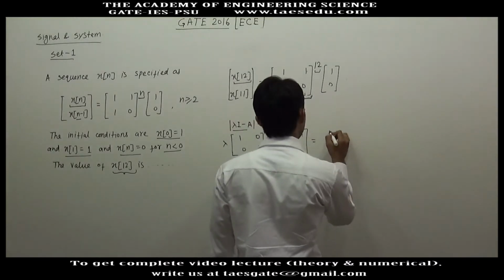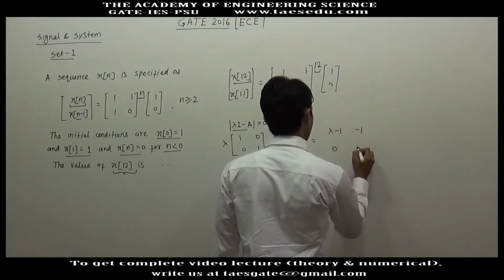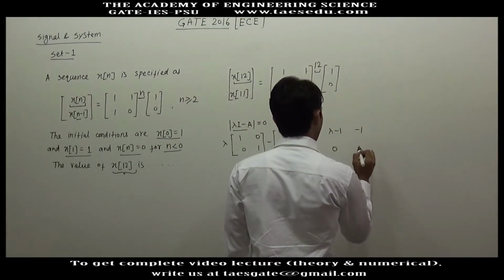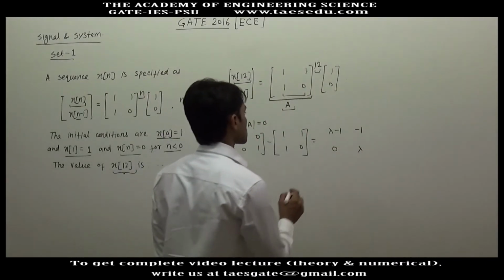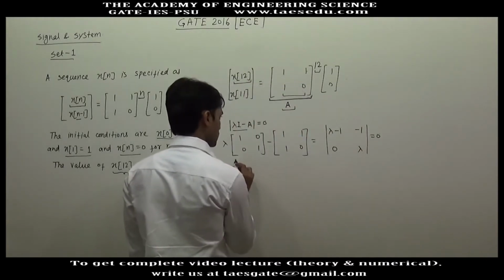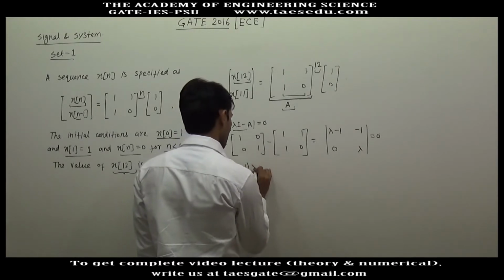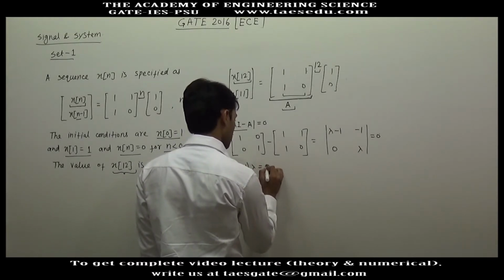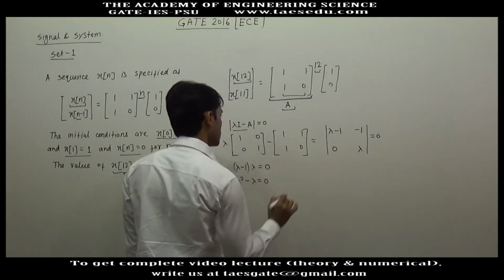So this will be the matrix [lambda minus 1, minus 1; minus 1, lambda], and we have to equate its determinant to 0. So this will give lambda minus 1 into lambda, minus 1, equal to 0. Lambda square minus lambda minus 1 is equal to 0.